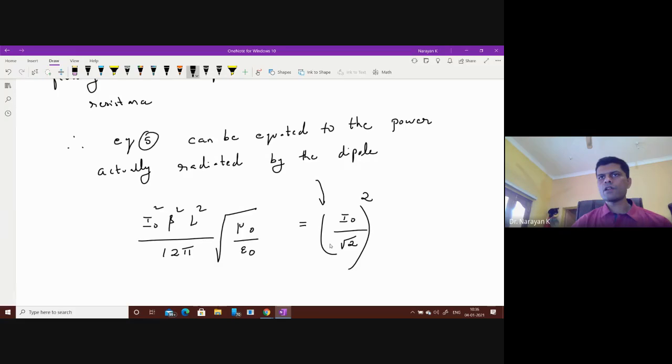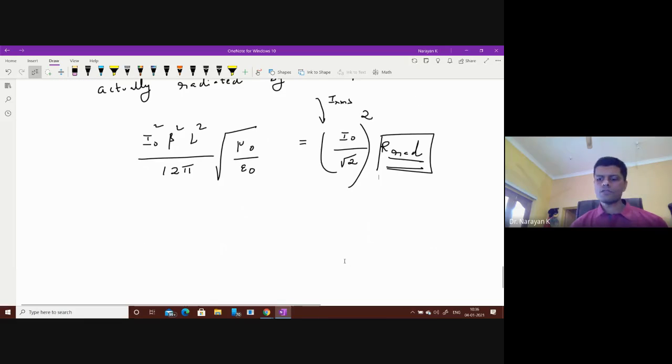This is nothing but your I RMS value into radiation resistance. Now you have to find out this radiation resistance. So if you rearrange and do all that circus, you will get radiation resistance is equal to beta square L square divided by 6 pi.